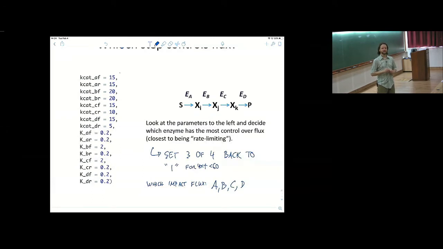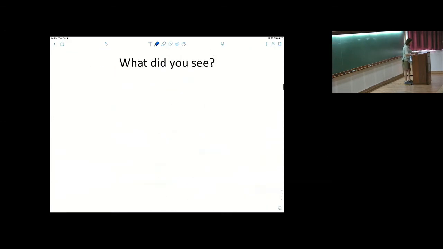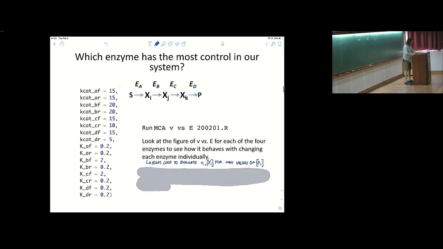So all of them matter, yet none of them give you like the full twofold effect, right? That seems problematic. So we have a way that we can look at this kind of all at once in a more systematic fashion.